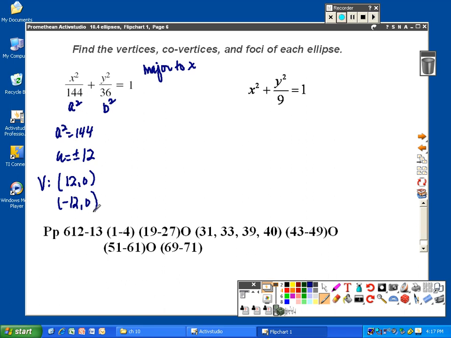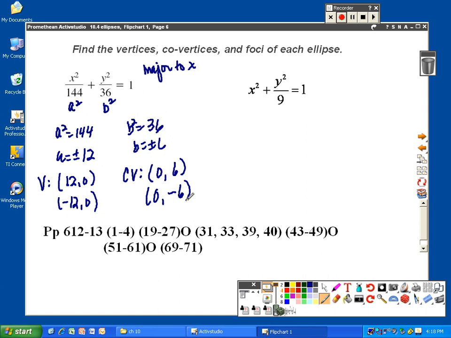B squared is 36, so B is plus or minus 6. That is on the minor axis, which should be the y. So y is vertical, so I will be adding and subtracting 6 from my y value. So my covertices are 0, 6 and 0, negative 6.